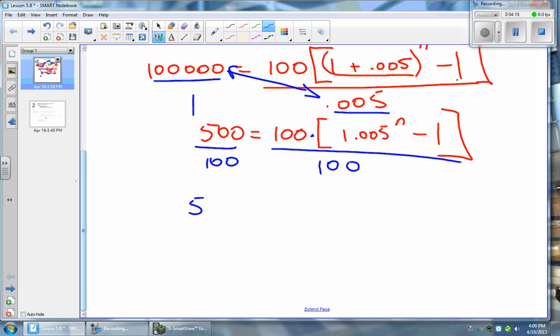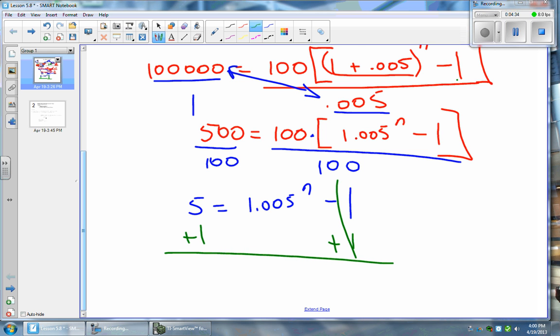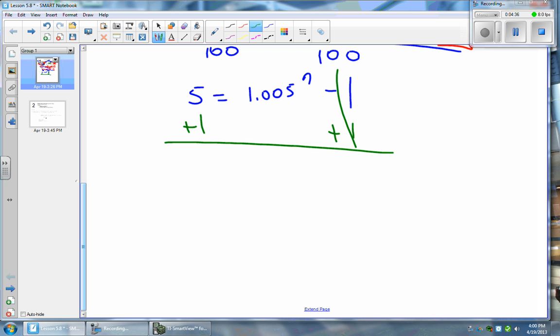That gives you 5 equals 1.005 to the n minus 1. Gee, that doesn't seem tough at all now. Holy smokes. All right. Add 1 to both sides. That cancels, leaving you with 6 equals 1.005 to the n. Now, the problem is trying to solve this.